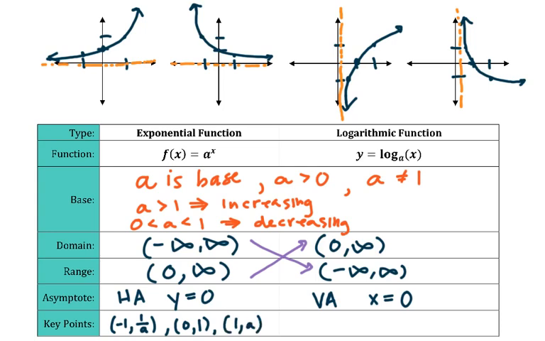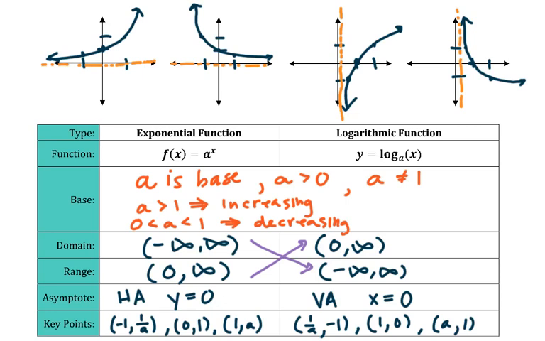Whereas a logarithmic graph, those are all going to be interchanging your x and y. So I have 1 over a, -1, 1, 0, and a, 1. And that's not to say these are the points on any exponential or logarithmic graph. These are just on the parent functions.